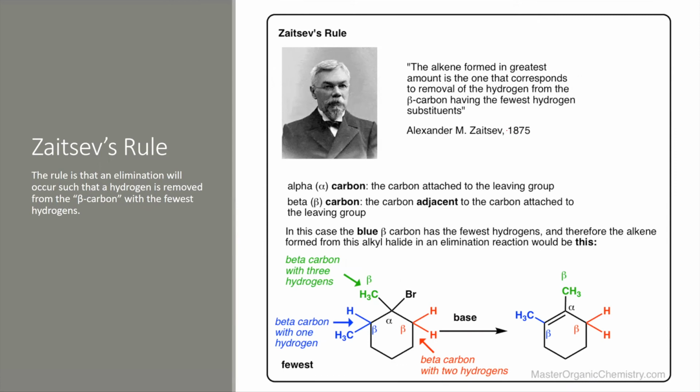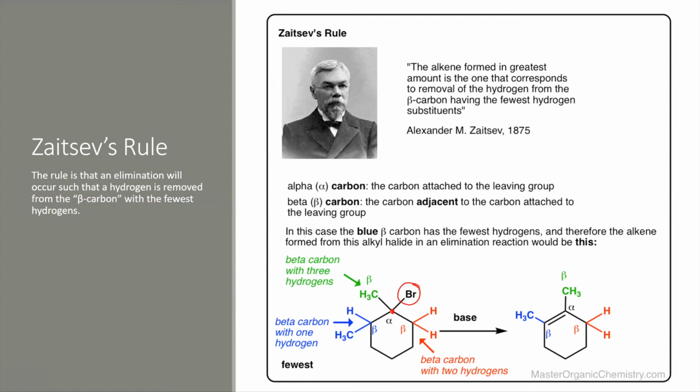This rule of stability in an elimination reaction comes from Zaitsev. Generally, again, the rule is, as stated, that elimination will occur such that the hydrogen that is removed is from the beta carbon with the fewest hydrogens. So here was that same example, a similar example with a ring. Here's the carbon with the bromine on it.